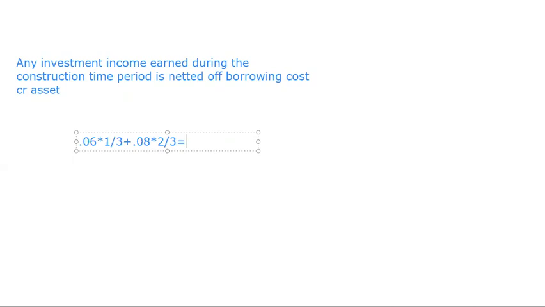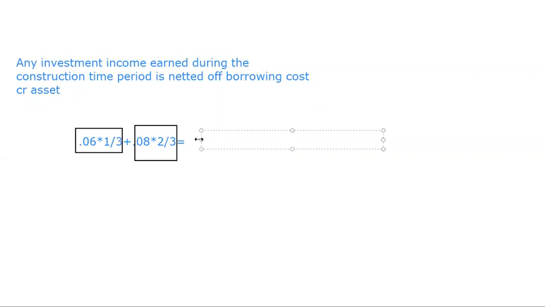So we are using technically the weighted average of two interest rates. Page number 3 of the kit. Can someone do the numbers for me, please? Which interest rate shall be used? Not 7, it can't be 7.